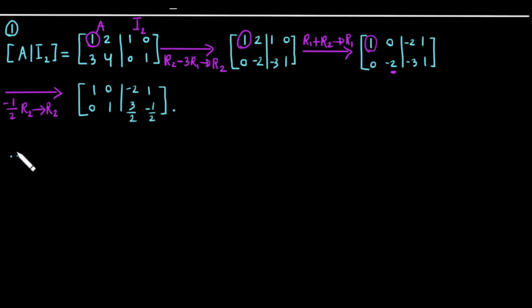Therefore, A inverse exists. Why does it exist? Because here you get the identity matrix with size 2 by 2, and here you will get A inverse. Since you can transform A to identity, on the right side you will get the A inverse.